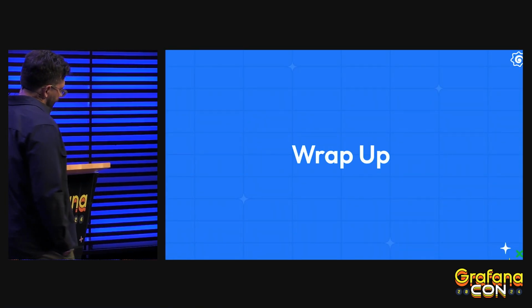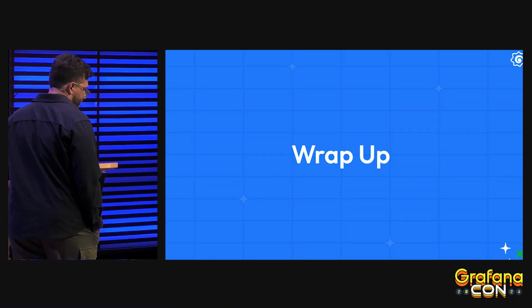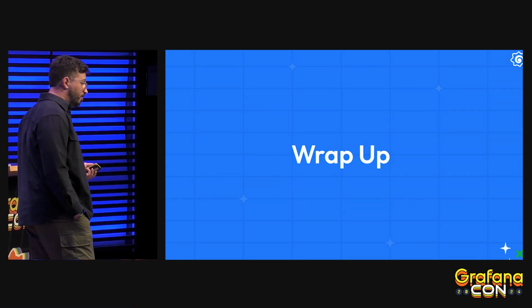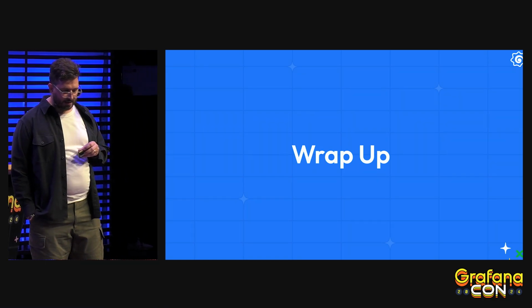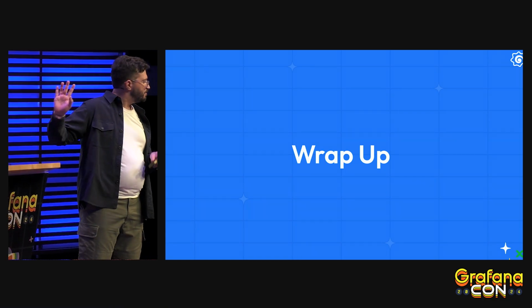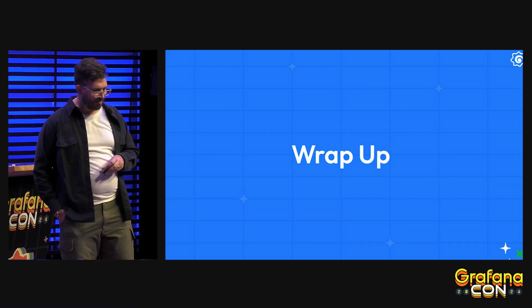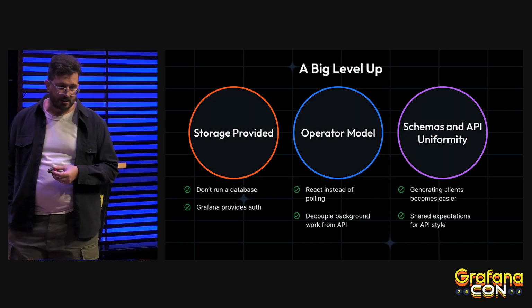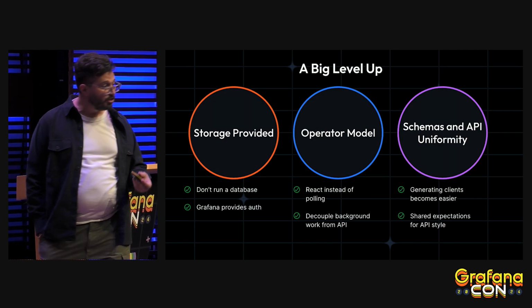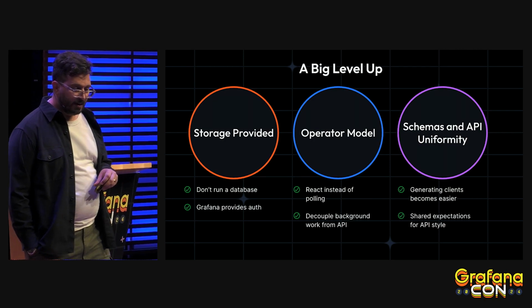So that's how we used this prototype of Grafana's app platform to build the SLO app. Again, I could do this with a pretty small team, and a team that really actually didn't know too much about Kubernetes patterns or anything like that, and that's because the app platform took a bunch of operational burden off our hands by providing us with storage and authentication stuff.